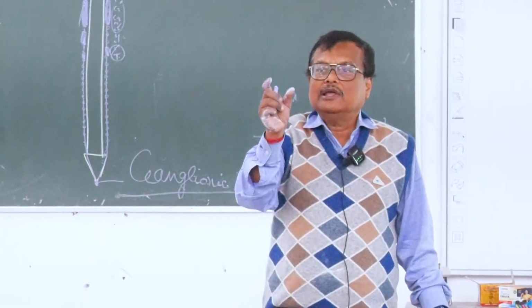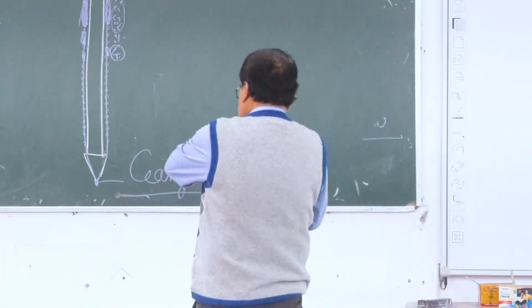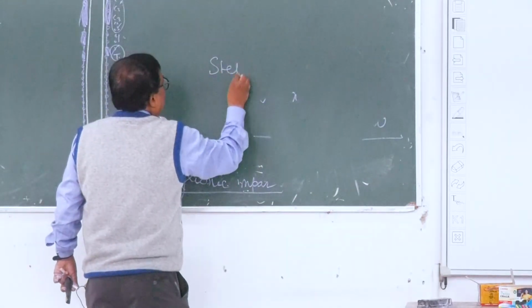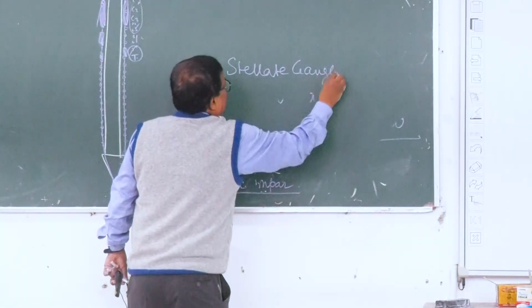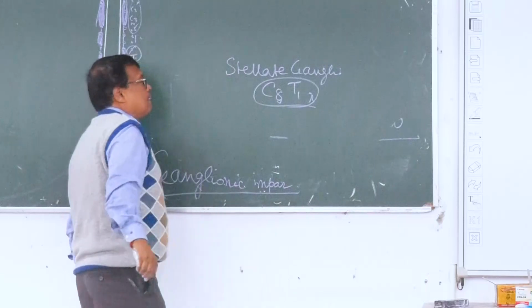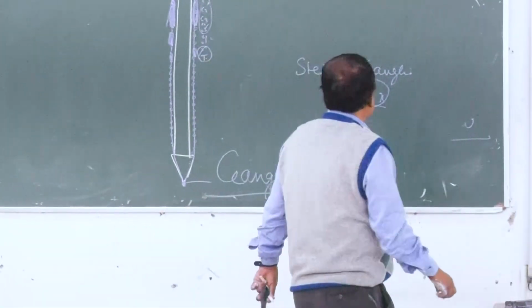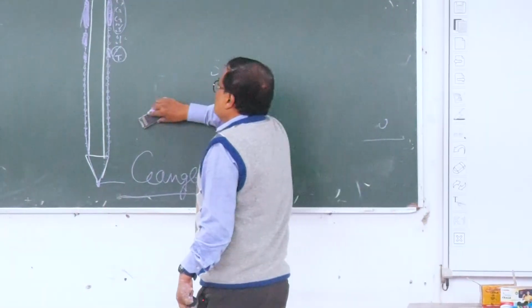We call it the stellate ganglion. Remember this name, stellate ganglion, formed by C8 and T1. Stellate ganglion. Okay, leave it.